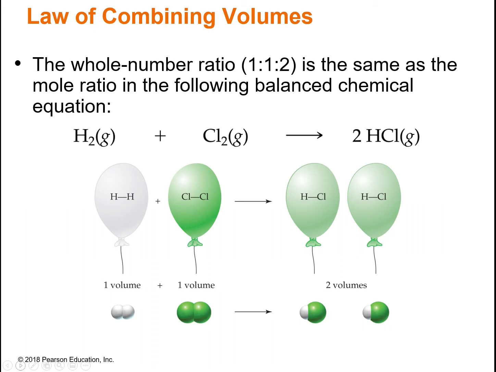if they're all at the same temperature and pressure. So we can use this equation. Again, we're still using all gases. And we can use them like the mole ratios, only with volumes. So 1 volume of hydrogen gas, 1 volume of chlorine, gives you 2 volumes of your product.